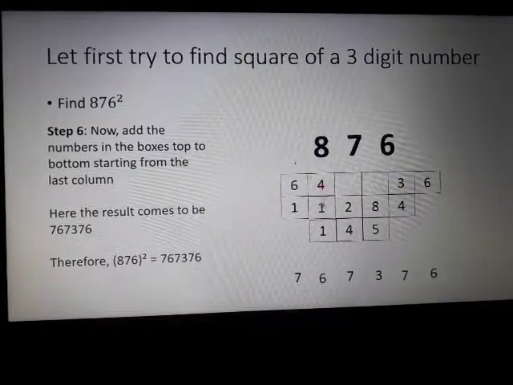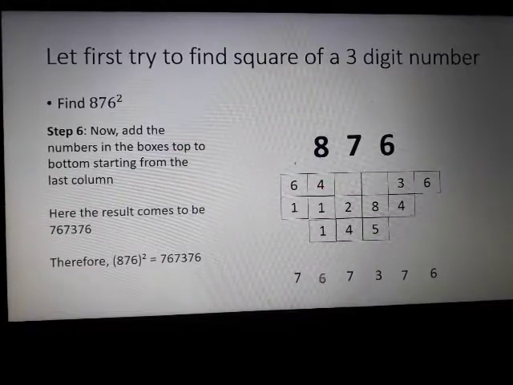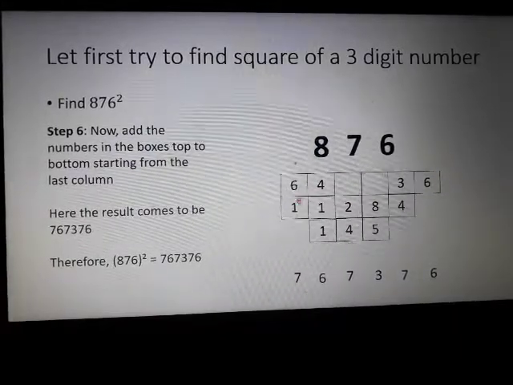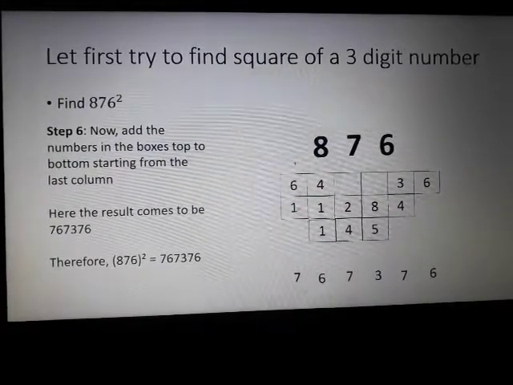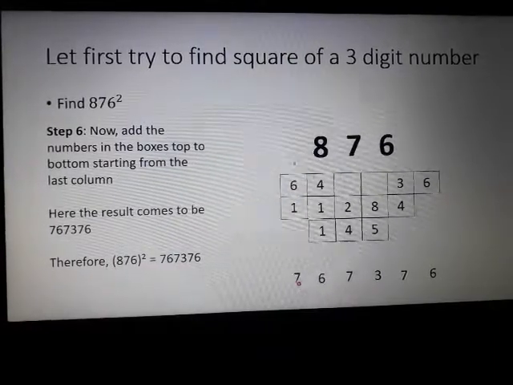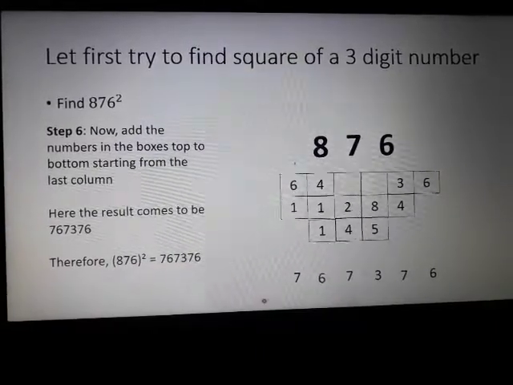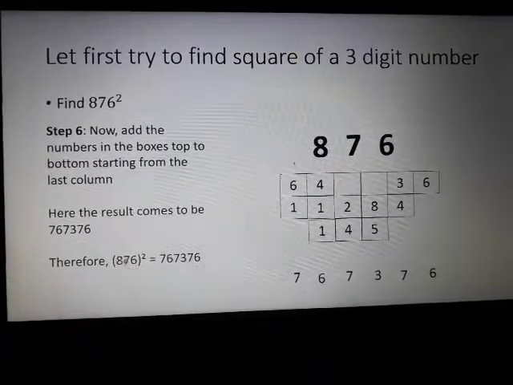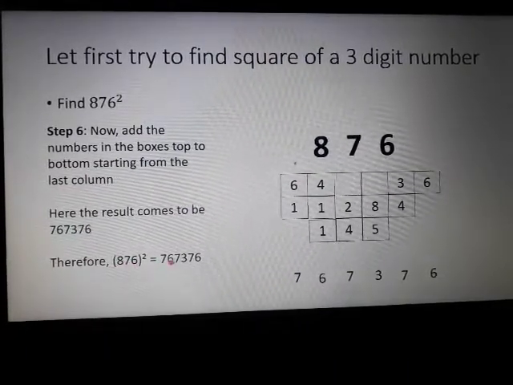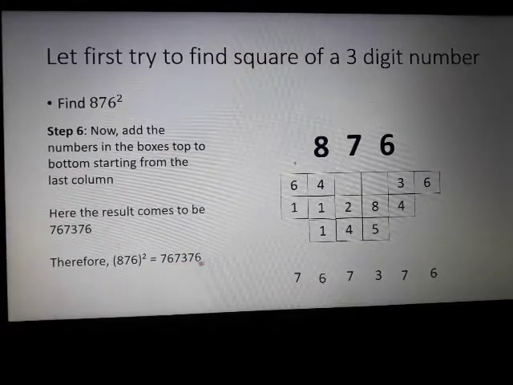Add the 3 of them. 4 plus 1 is 5. 5 plus 1 is 6. Now come to the column to the extreme left. Over here we have 6 and 1. Add them. We have 7. So the total result is 7 6 7 3 7 6. So the square of 8 7 6 is 7 6 7 3 7 6.